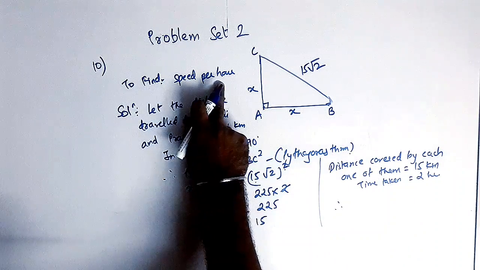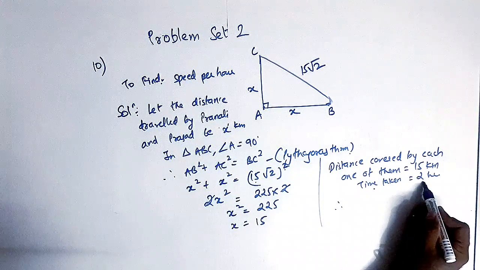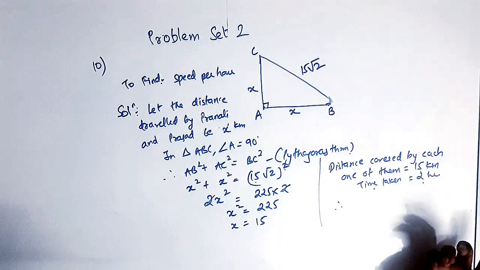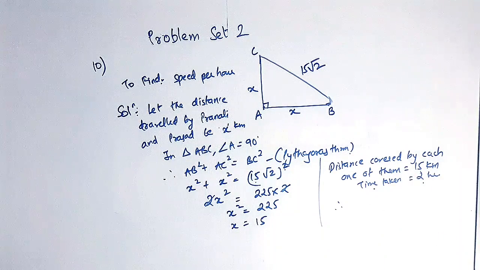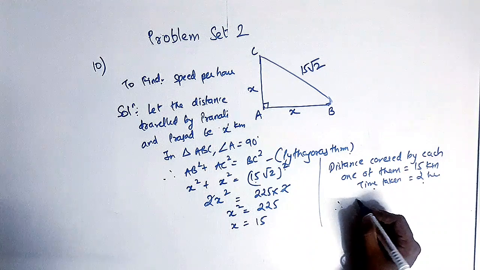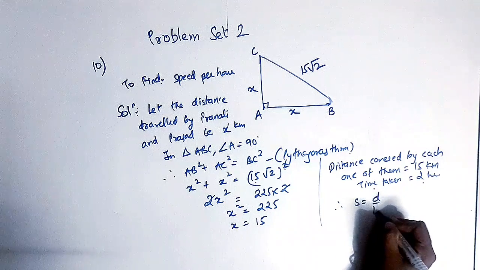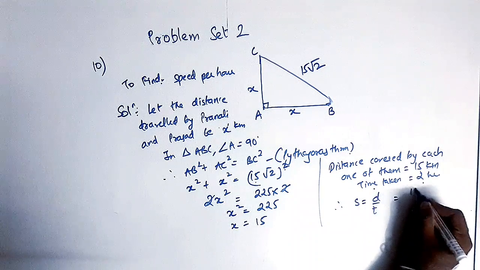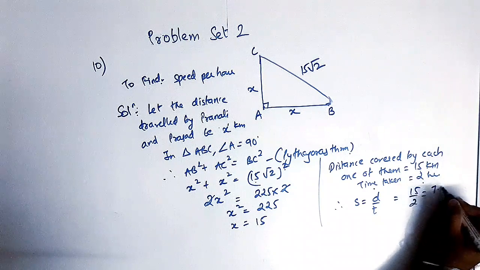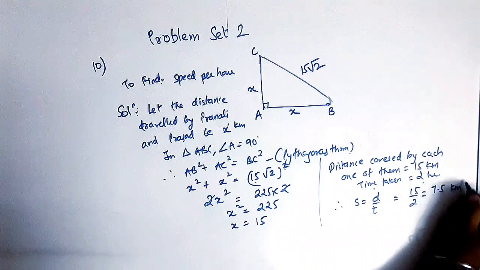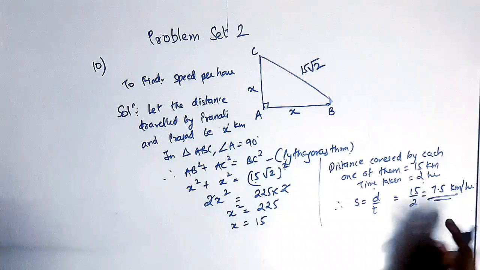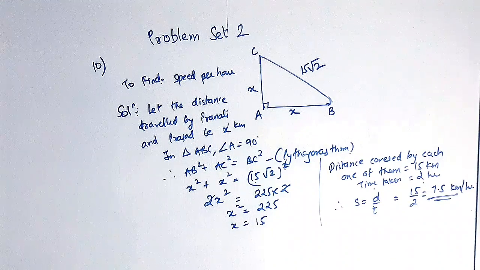We want speed per hour. Very simple. In 2 hours, 15 kilometers, so in 1 hour, how much? 7.5, of course. You know TDS, so I'll write speed is equal to distance upon time. So it is 15 upon 2, that is 7.5 kilometers per hour. This is the speed at which they have traveled.